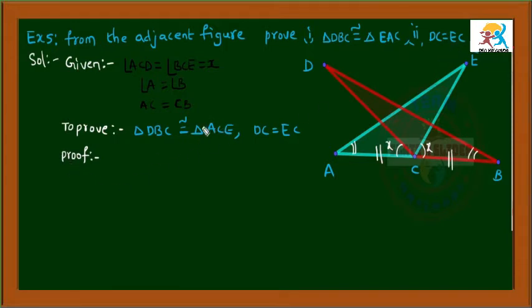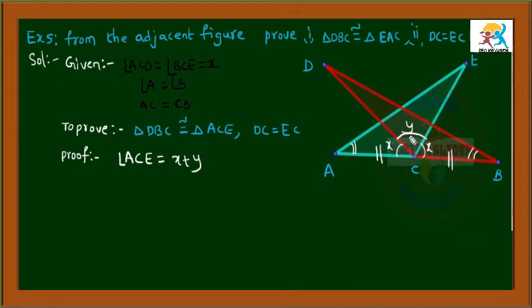How to prove? Before proving, we have to assume the angle DCE as y. I am assuming this. So now I am going to write angle ACE is equal to x plus y, because angle ACE is split into two parts, x and y.